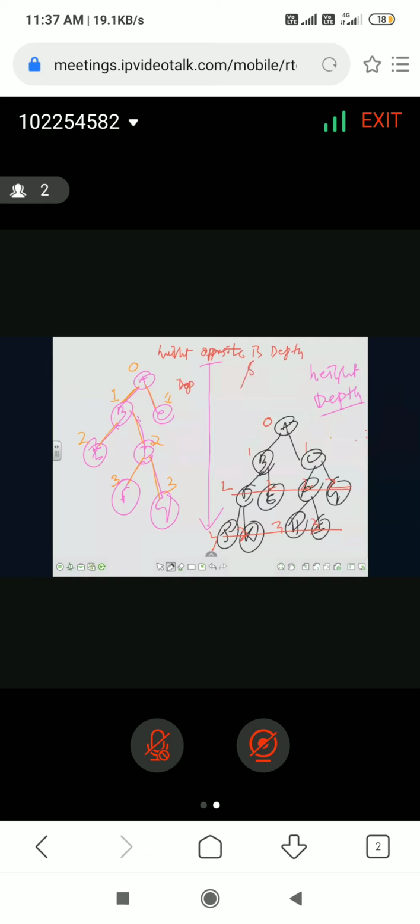So you understand my height? Height is measured from the leaf towards the root. Depth is measured from the root towards the leaf. Height opposite is depth and depth opposite is height.